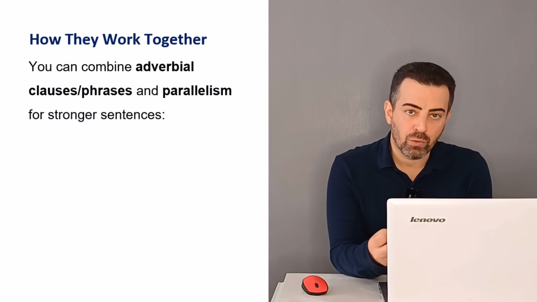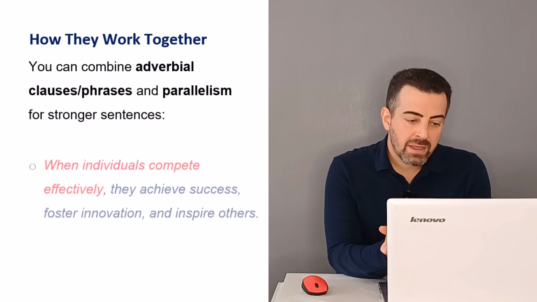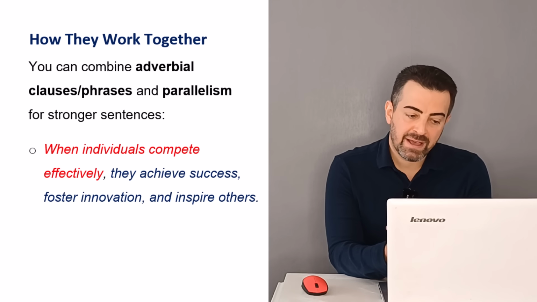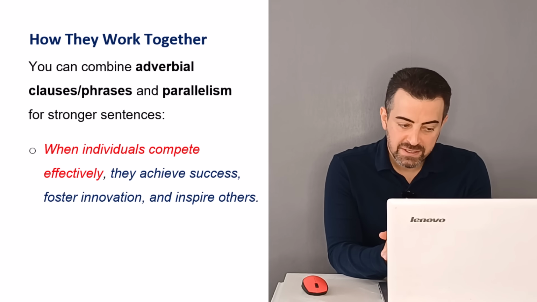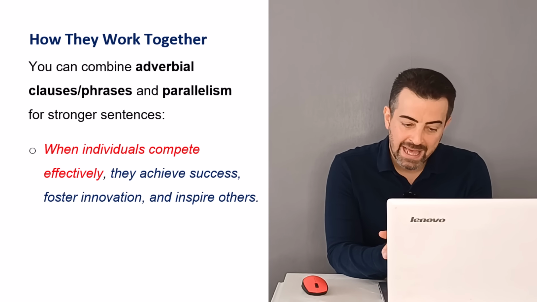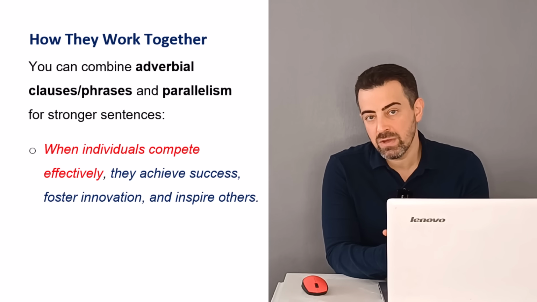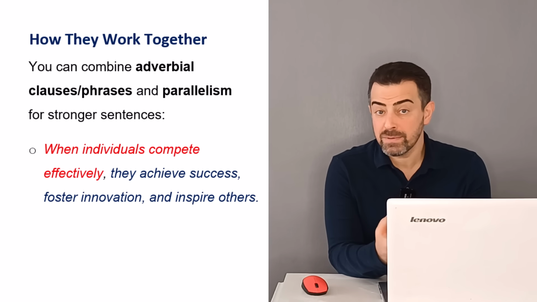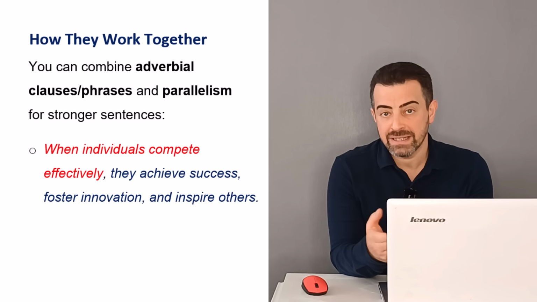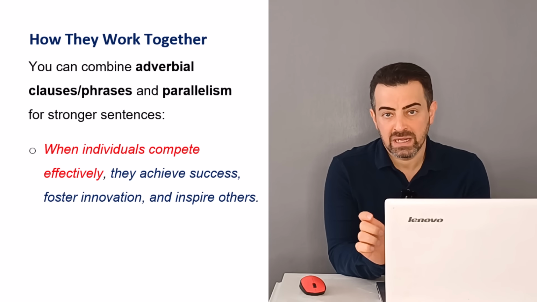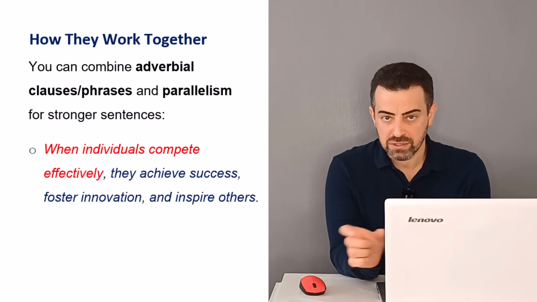Let's look at how they work together. When individuals compete effectively, they achieve success, foster innovation, and inspire others. You can see we started this sentence with an adverbial clause and continued it with a list with parallel structures.